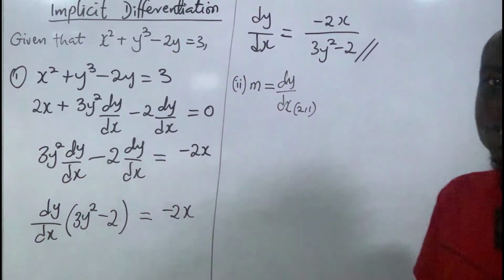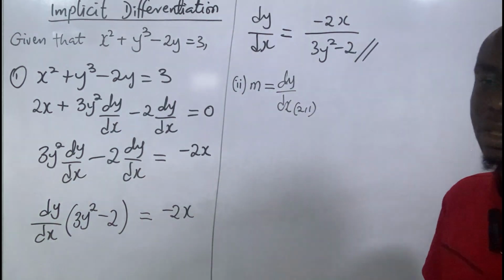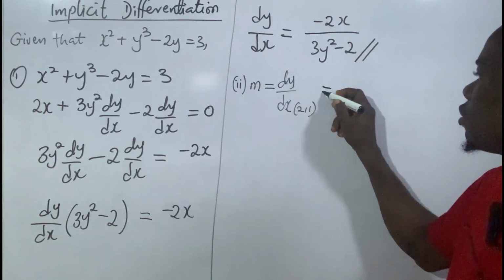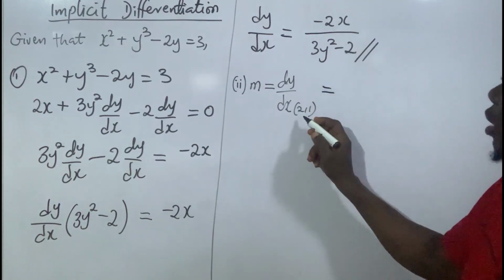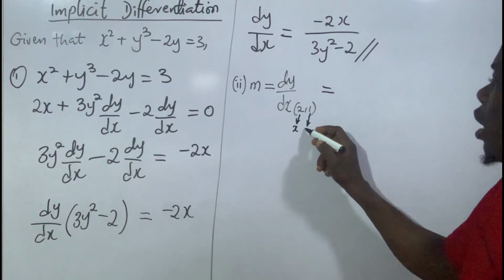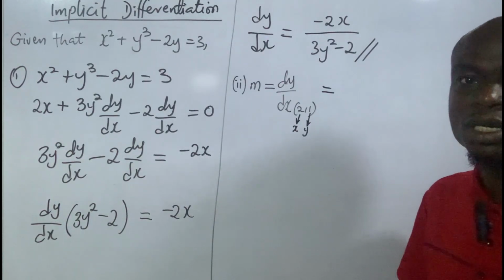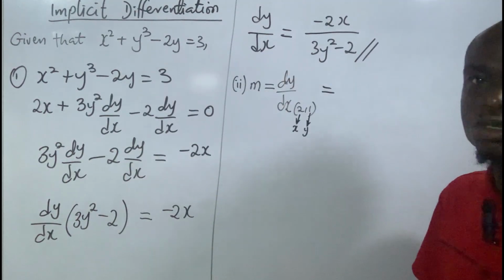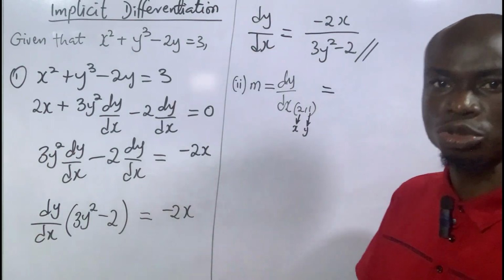That's what the slope of the tangent simply means. If I'm going to solve this, it simply means wherever I see x, I put 2, and whenever I see y, I put 1 in my dy/dx. So it's a simple substitution problem.